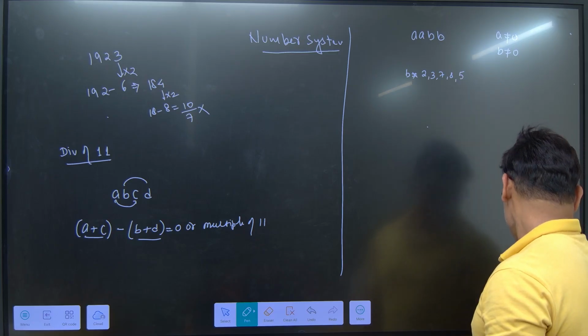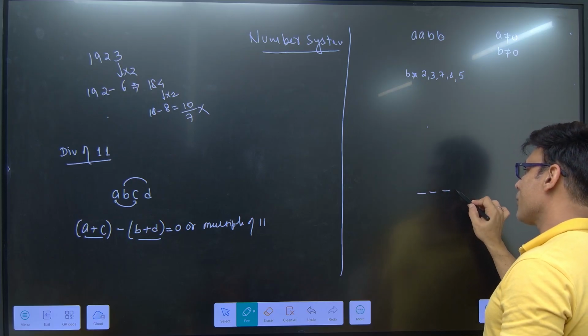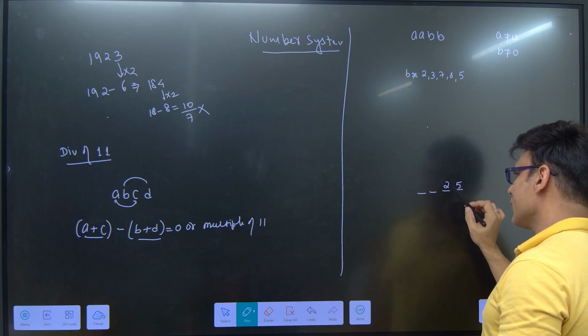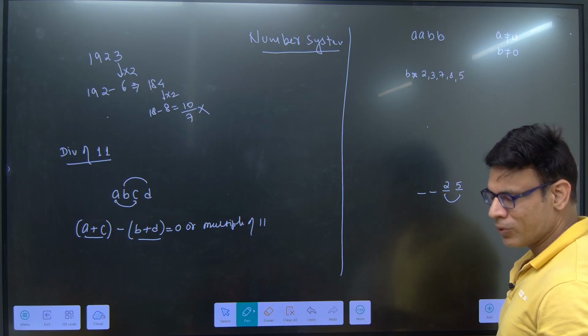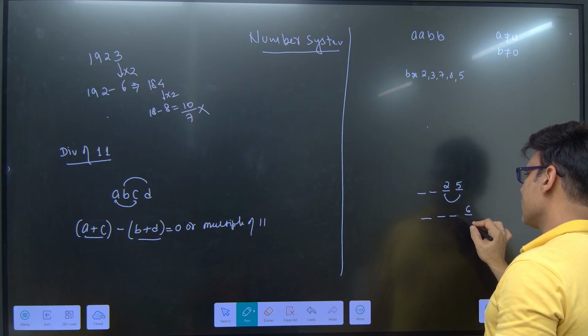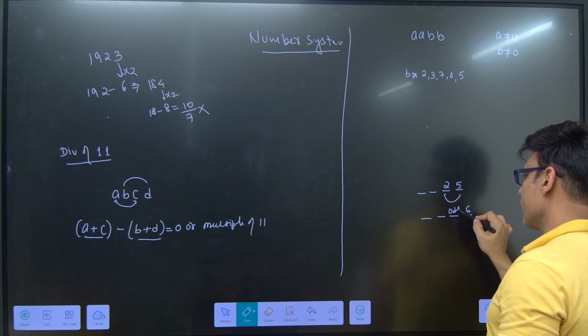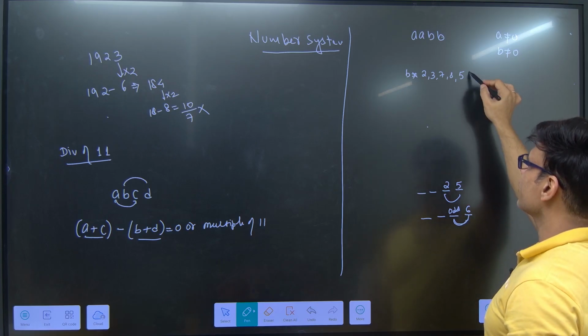I told you, if any perfect square ends with 5, the previous digit has to be 2. But according to the question, these two digits have to be the same. 2 5 is coming, so it cannot be 5. If any perfect square ends with 6, the previous digit has to be odd. But 6 is even, and odd and even are not the same. So you cannot take 6 also, right?